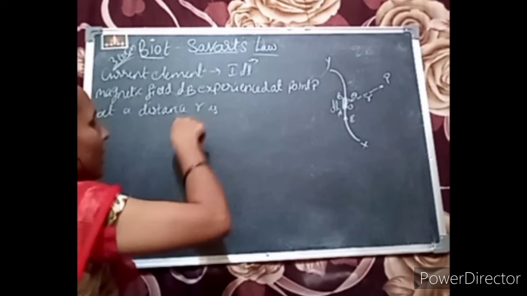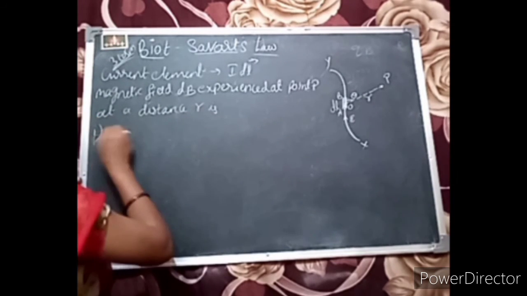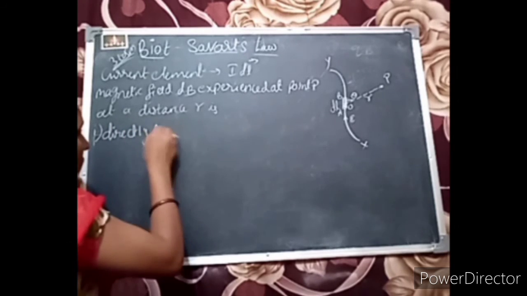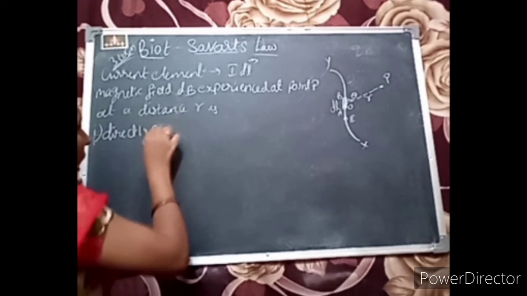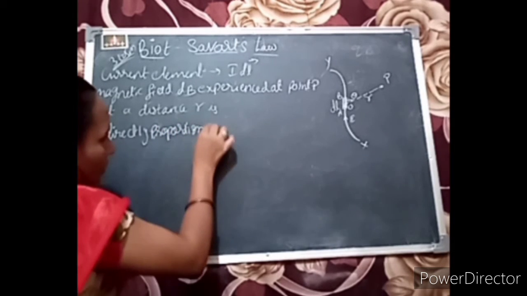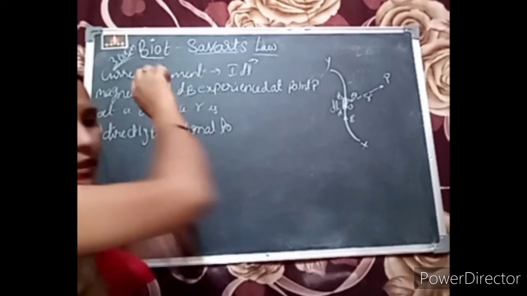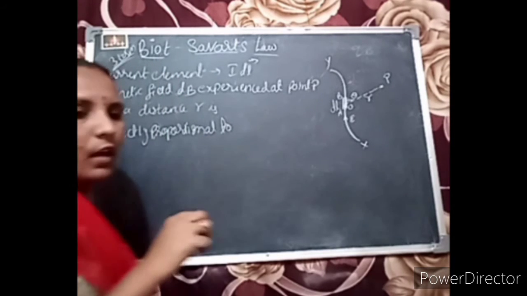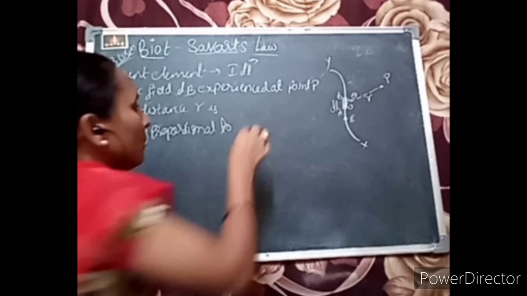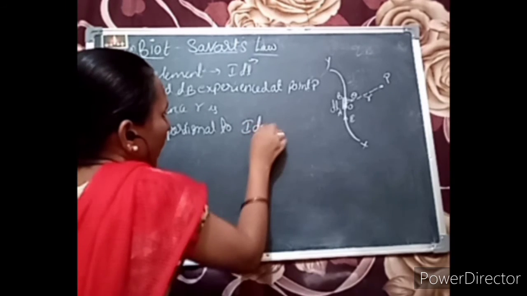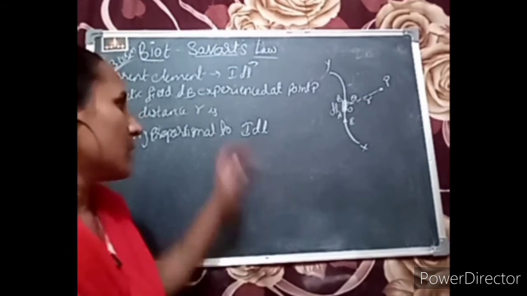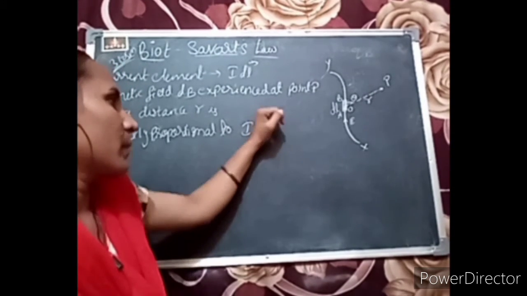So dB is, first point, directly proportional to the current element Idl. First, let us separate them, four sentences.